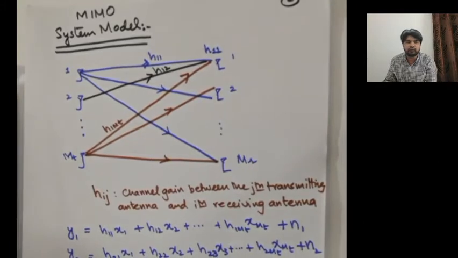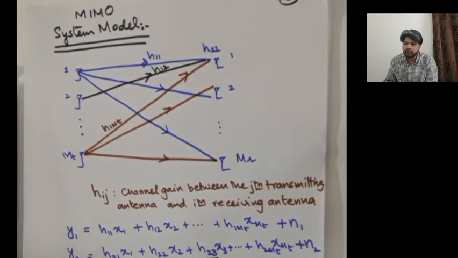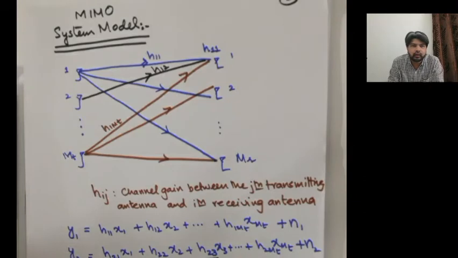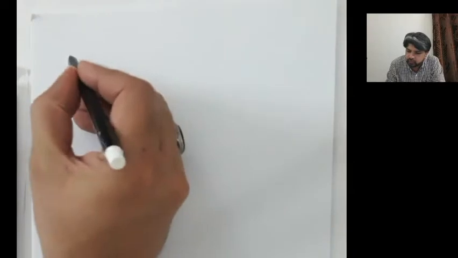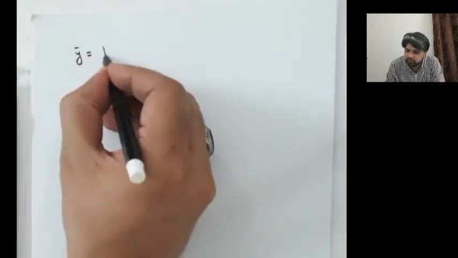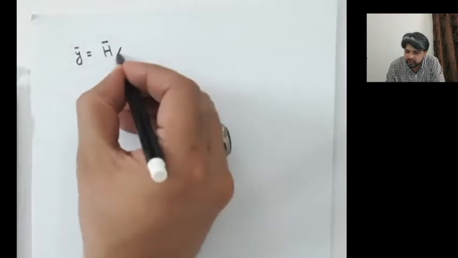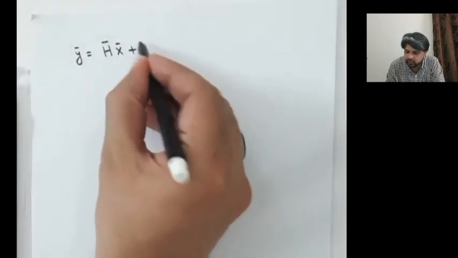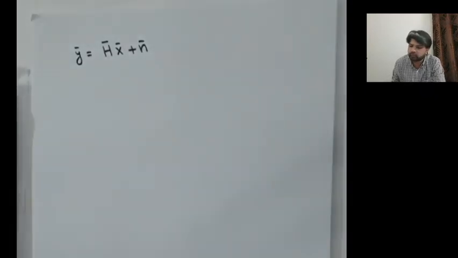That is the system model for the MIMO, and then we make use of the singular value decomposition to convert this channel with all sorts of interferences into a number of parallel channels. So your system model is that your received signal y would be equal to the channel matrix H times X plus N. The N is your noise, additive white Gaussian noise.